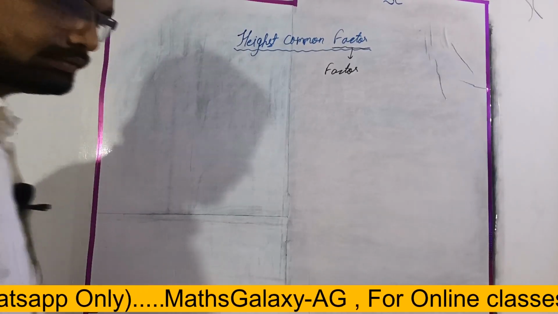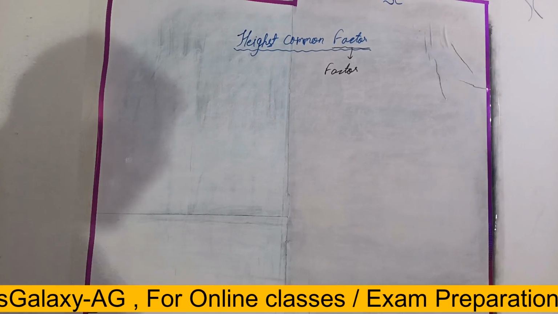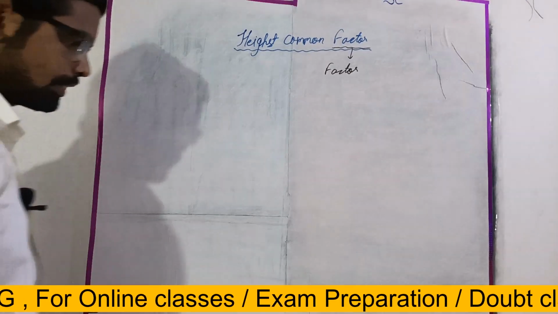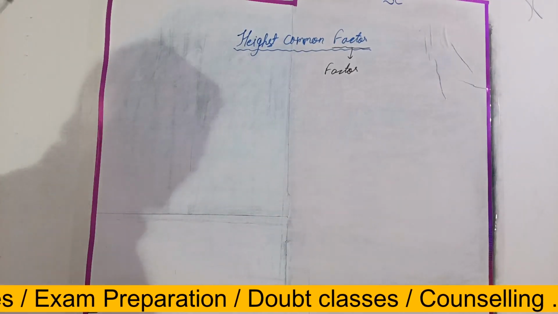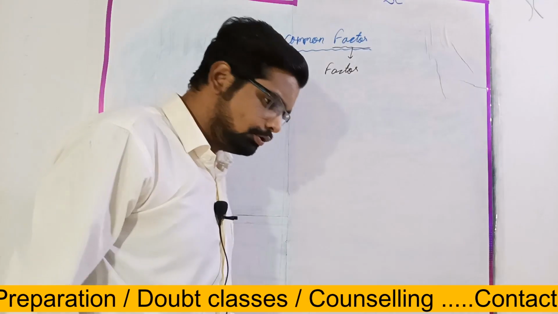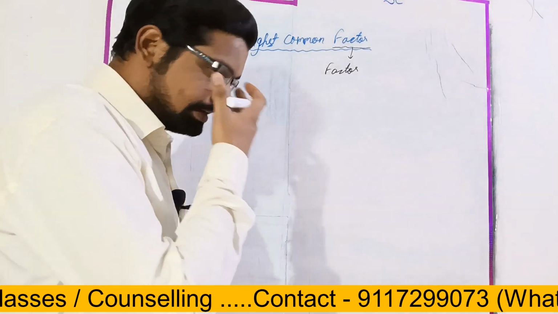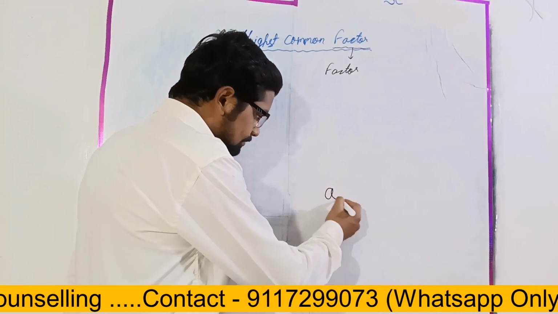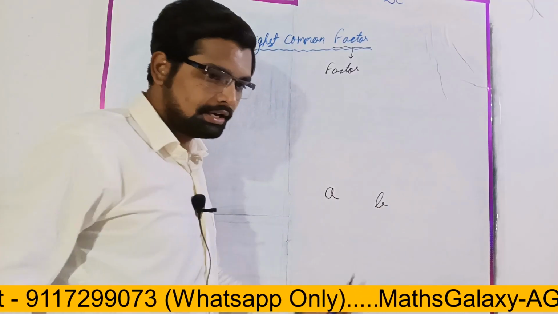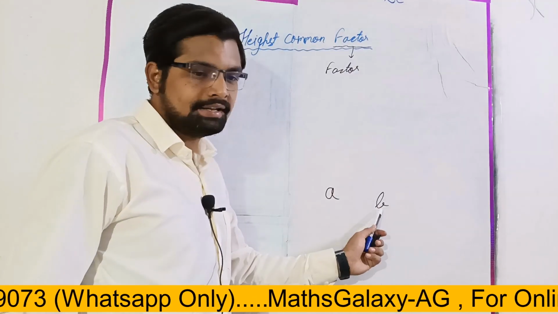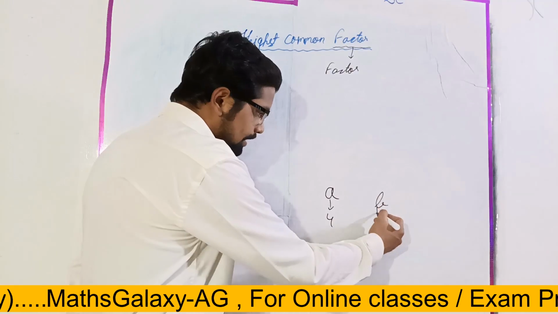Can you define the factor? Factor is a number which divides by another number, right? It means that A is dividing by B. Suppose A is 4, it is dividing by 2.